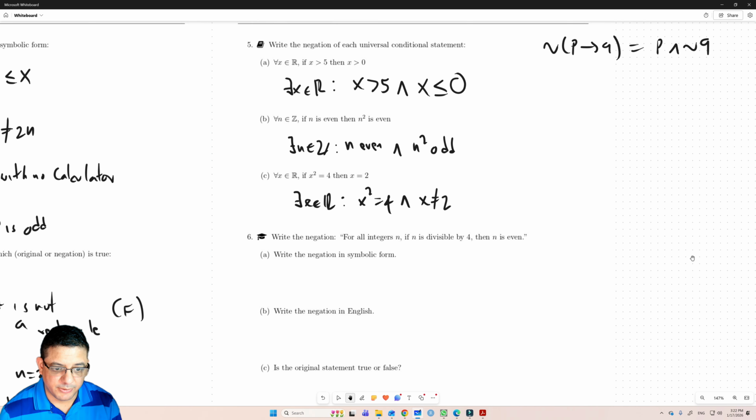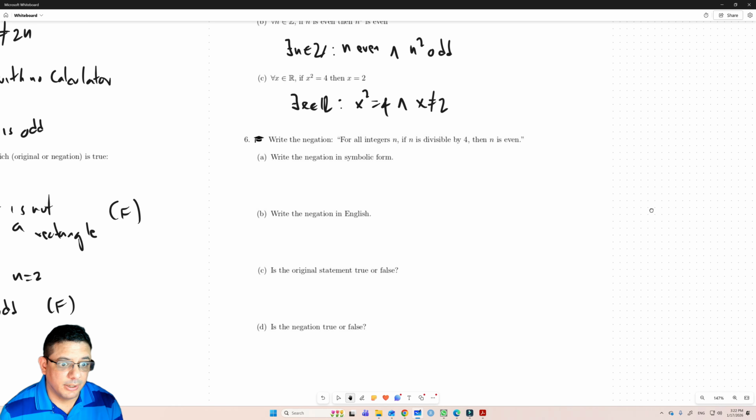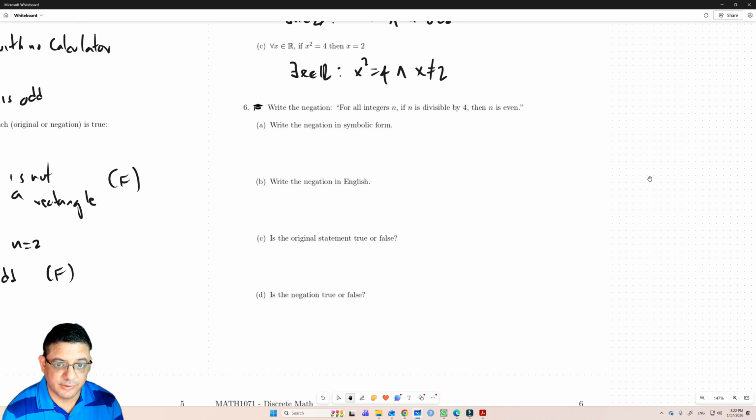All right, question number 6. We have: write a negation for all integers n, if n is divisible by 4, then n is even. Okay, so let's write the negation in symbolic form. So this is first, for all n that belongs to Z. n is divisible by 4 can be written as n equals 4k, and this will be the symbolic form of this.